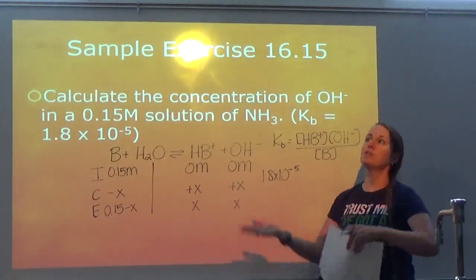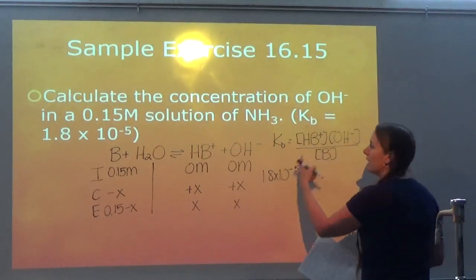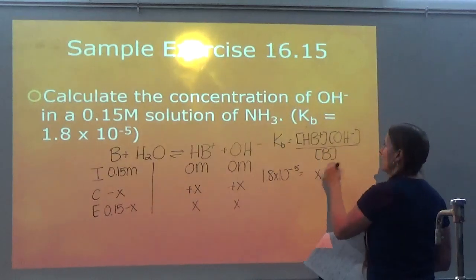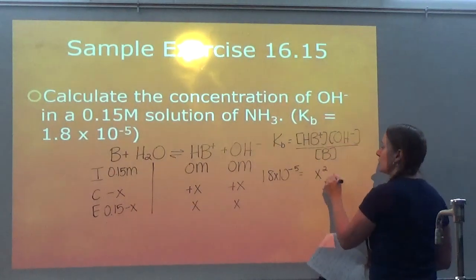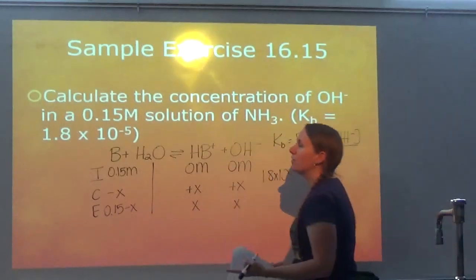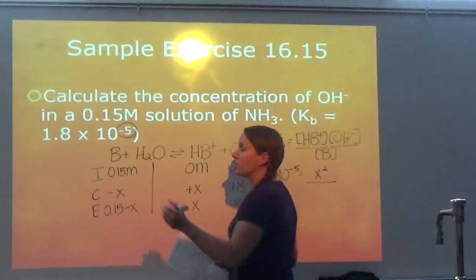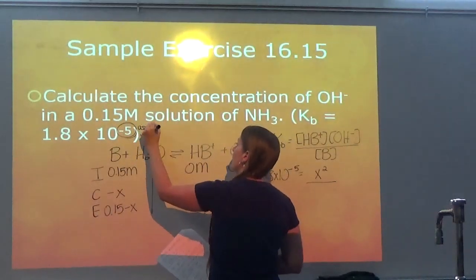It's kind of like going in between pH and pOH. Alright, and so then my HB plus is X. My OH minus is also X, so I'm just going to put X squared over my 0.15 minus X. But my Kb value is very small, so I can make my assumption. So, ooh, thank goodness.